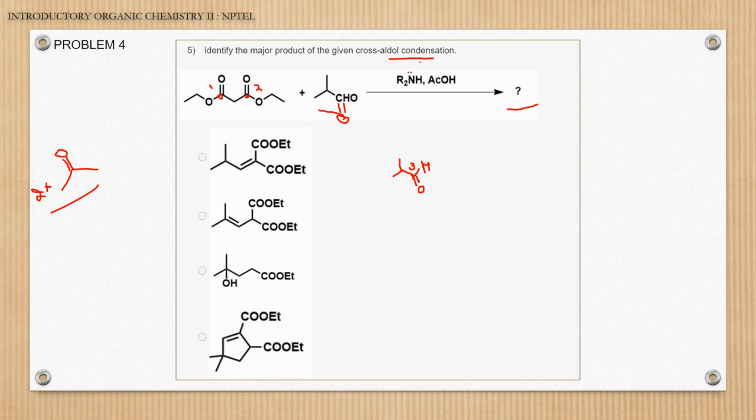So which carbonyl carbon? 1, 2, or 3? Guys, 1, 2, sorry, 1 and 2. Okay. So one by one we will see which is the more electrophilic carbonyl carbon.